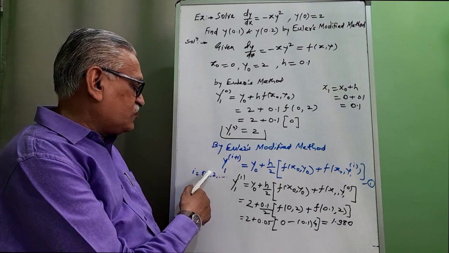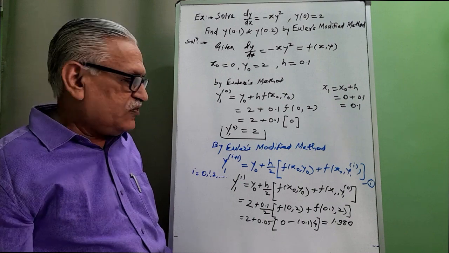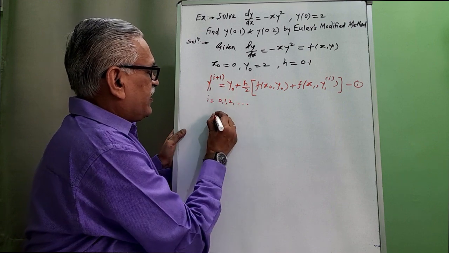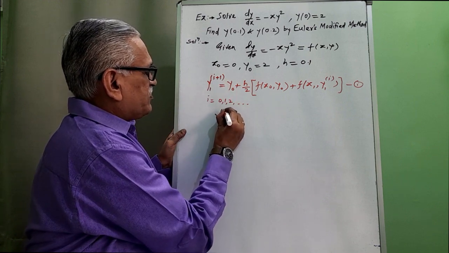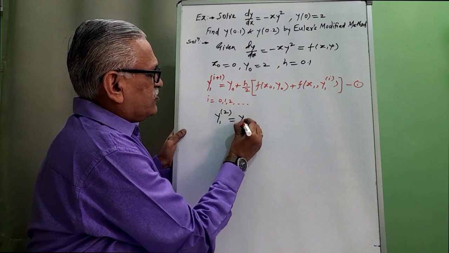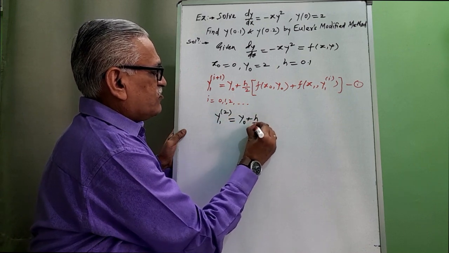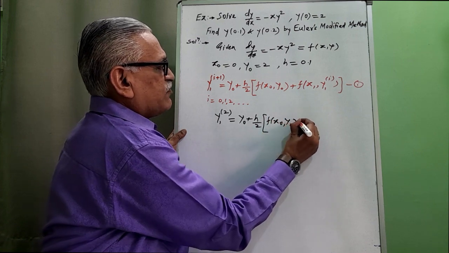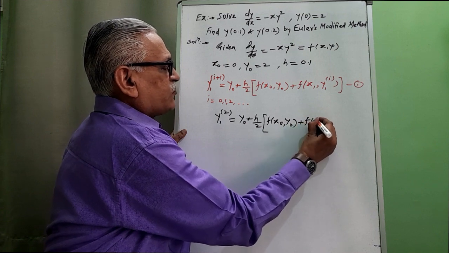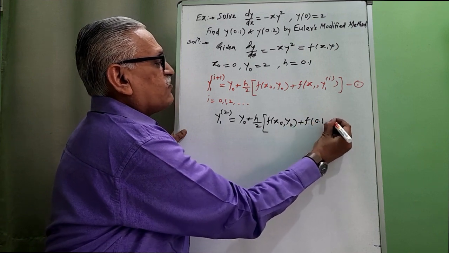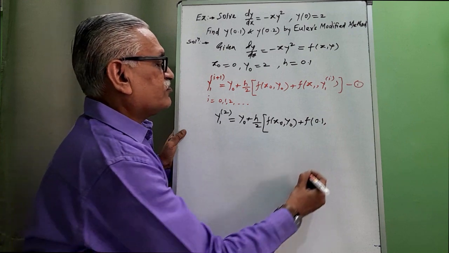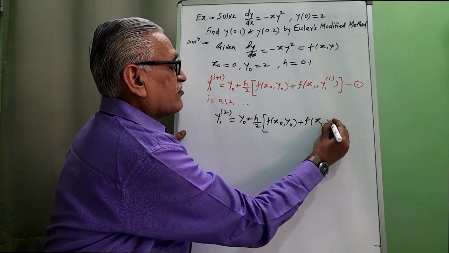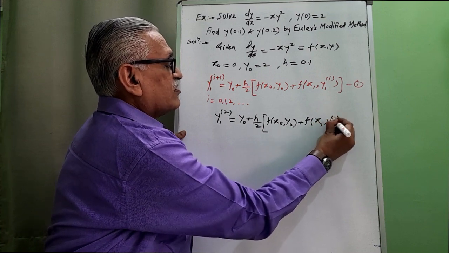Then we put i equal to 1 to get the next approximation. Substituting i equal to 1 in this formula, we get the second approximation of y1 as y0 plus h by 2 multiplied by f of x0 y0 plus f of x1, 0.1, and y1 first approximation.